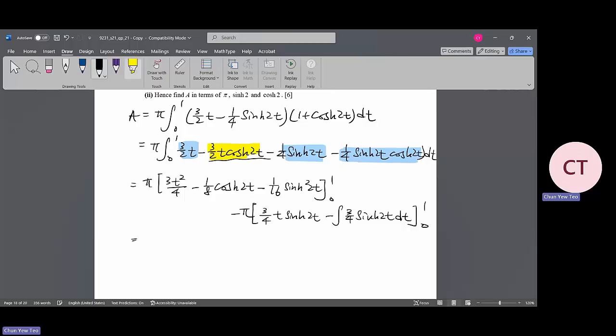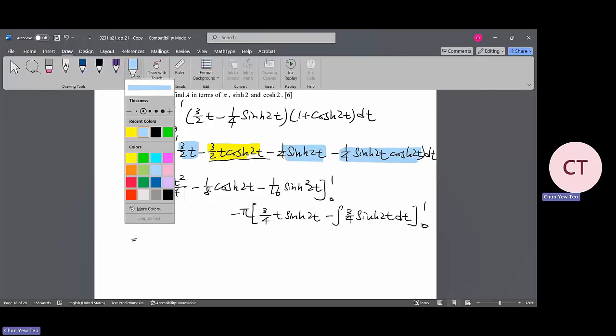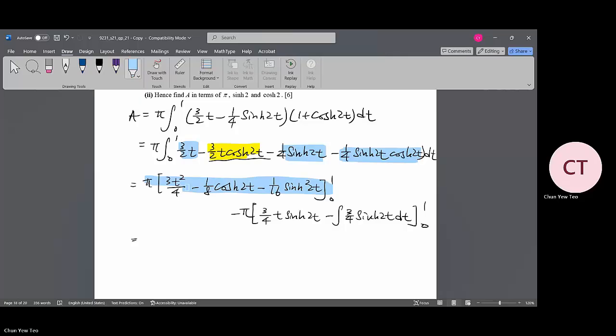So we focus on this side first. If you replace the 1 and 0 inside, you'll get 3/4 minus the 1/8 cos 2 minus the 1/16 sine squared 2, then minus with the negative 1/8 only.